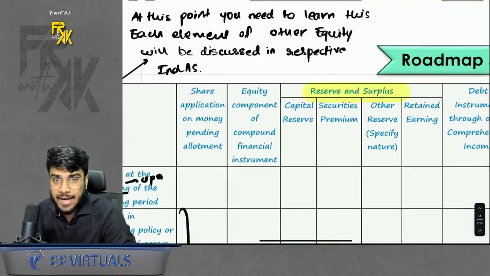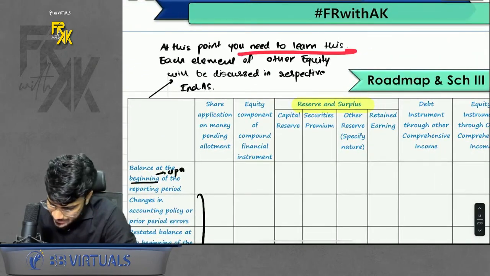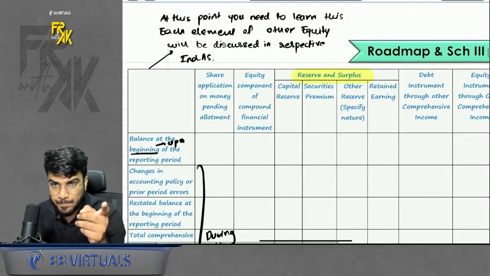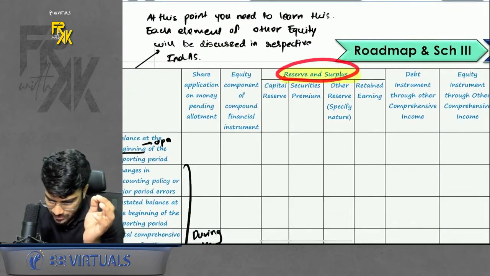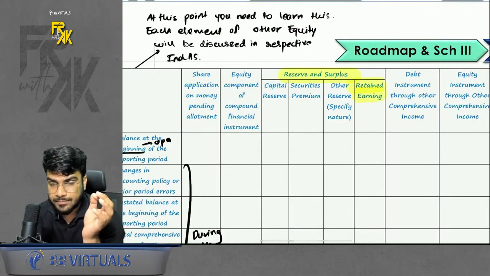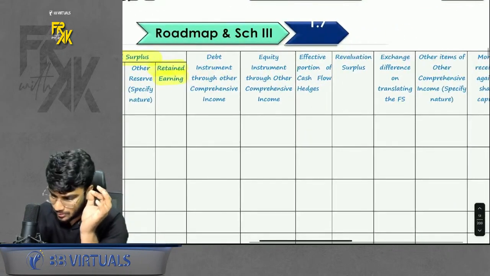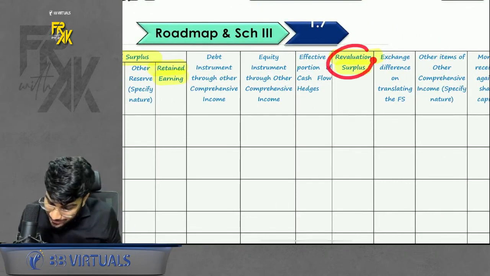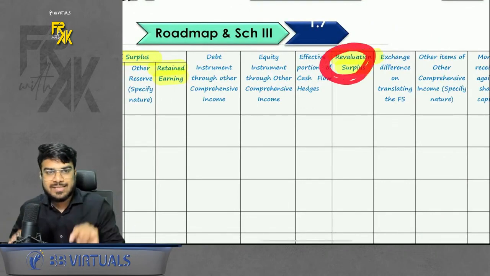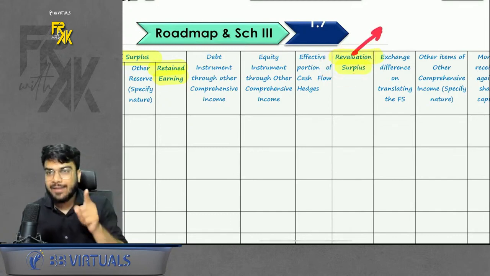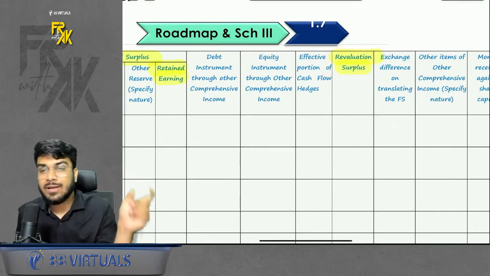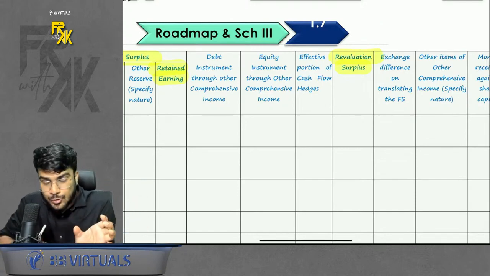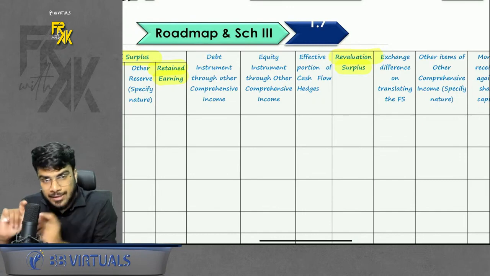I already said that you will learn about these elements in the respective Ind AS. In other equity, we will have reserves and surplus, and in that we have retained earnings. We also have revaluation surplus. Now you know why this was created, what the purpose of this was, why this is under a separate head. Because under OCI it was an unrealized profit and this is not available for withdrawal. So in other equity also you will accumulate it in a separate head.